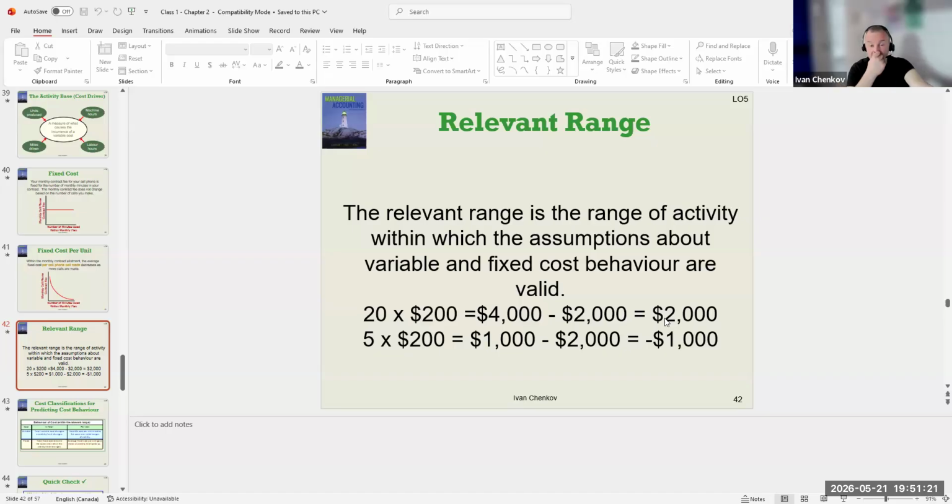Now, the question is, if I have 5 students on my waiting list, should I rent another room, the bigger room? Why? What's going to happen? I have to pay an additional $2,000, but I'm going to generate only $1,000. So I'm losing $1,000. Make sense? So what will be the minimum number of students that I have to have on the waiting list in order at least not to lose money?